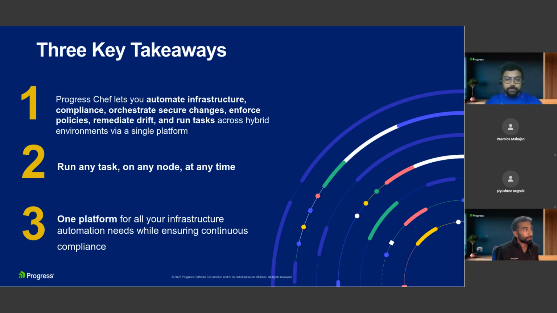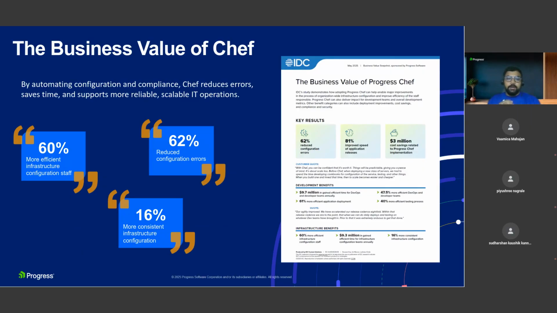Thank you, Sudarshan. I think that was quite a good explanation and showcase of how Chef is used by our customers to mitigate incident response. In addition to that, I'll take this opportunity to talk about an IDC report.